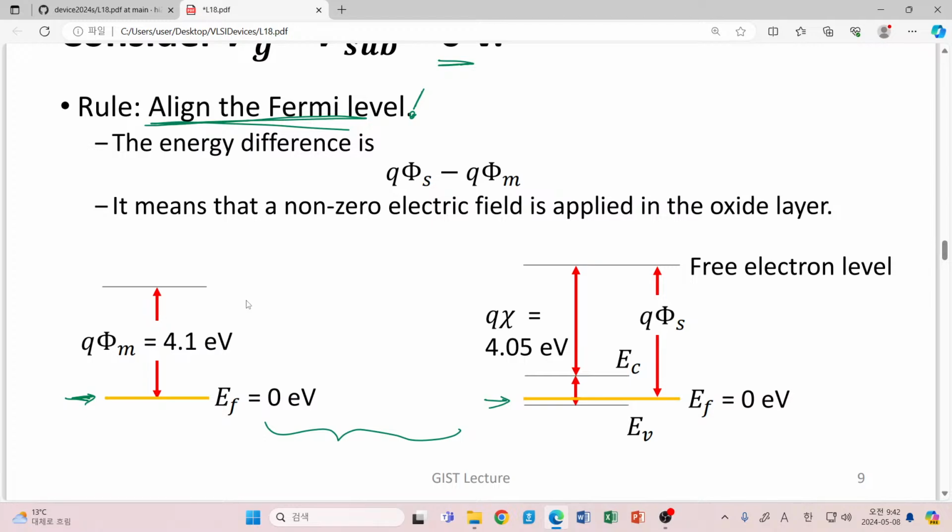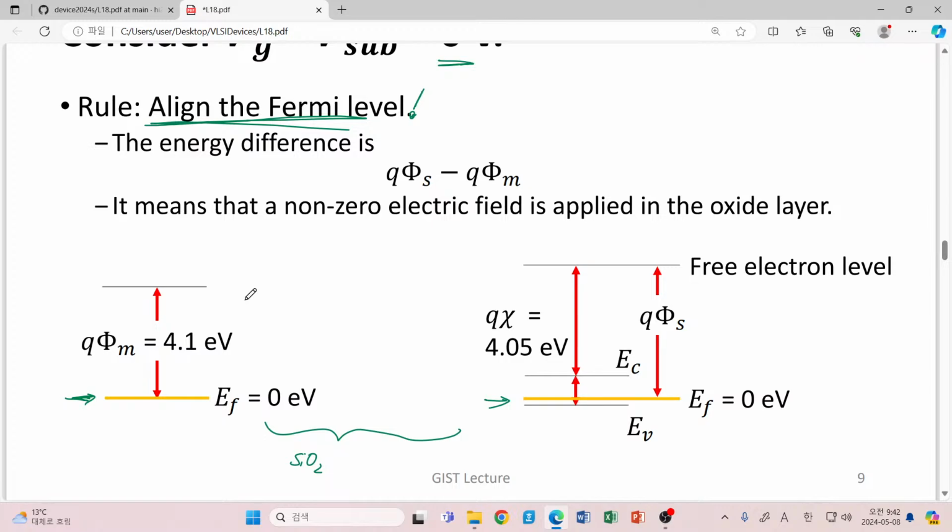So the same happens to this part. Maybe you can say this way. I have one question. Here we have a silicon dioxide. Since silicon dioxide is working as an insulating layer, there is no guarantee that we must have the same Fermi level.